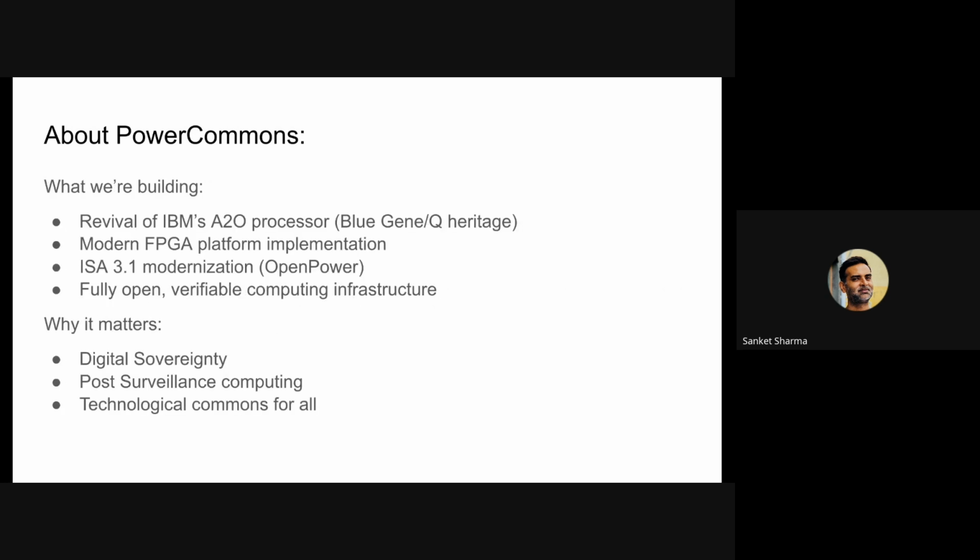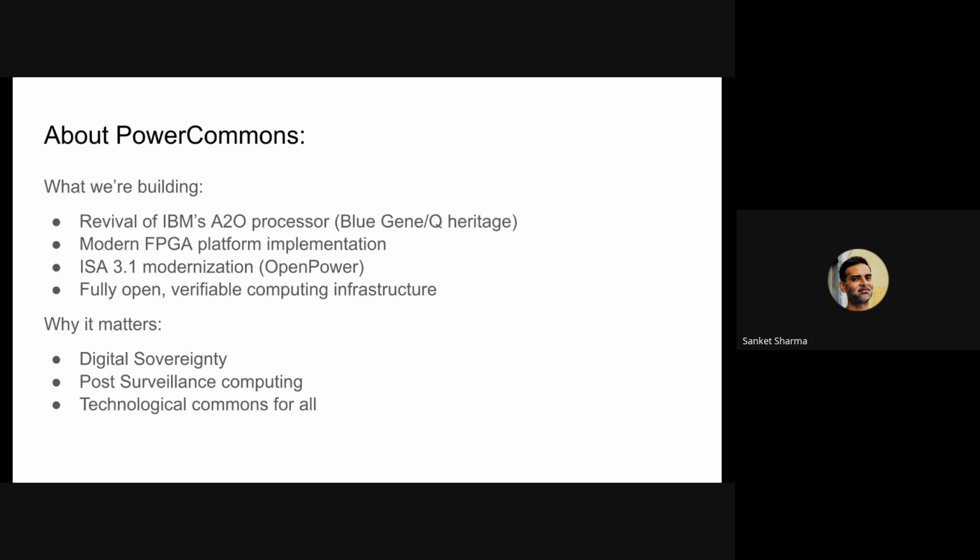What we are trying to do as the first step in this project is revive IBM's A2O processor of the Blue Gene heritage. We're trying to provide a modern FPGA platform implementation based on A2O. Once we get there, the next step is to modernize the A2O core, which was open sourced a while ago.